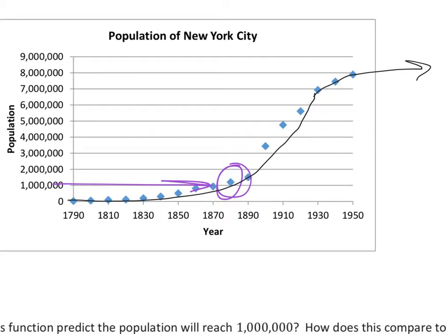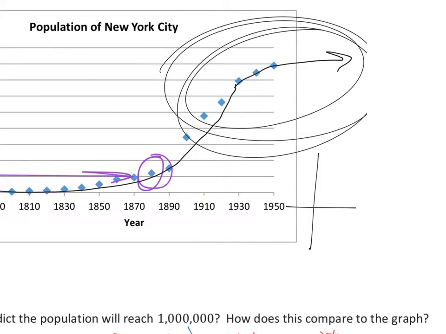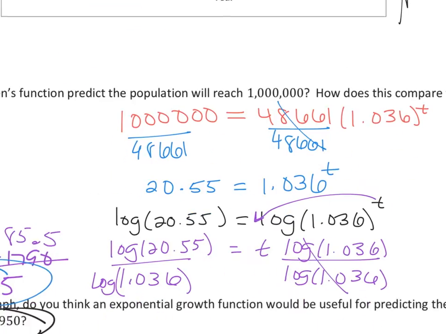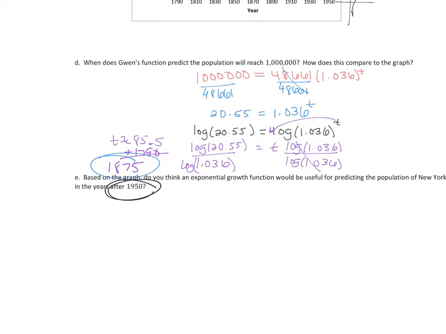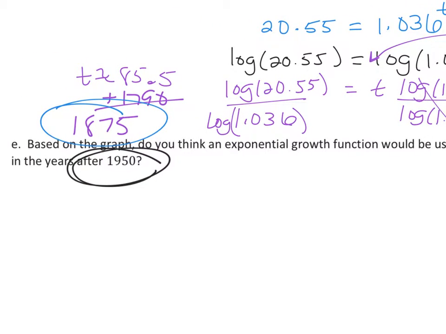And this section here, that leveling off section, looks a lot more like the graph of log, because it's starting to level off. If you remember, the graph of log looks like this. So after 1950, it might not be appropriate anymore for them to use an exponential function. It might be more appropriate to use a log function.